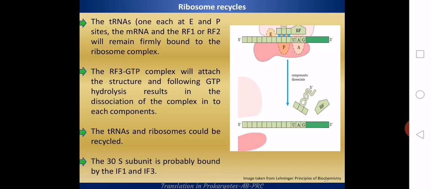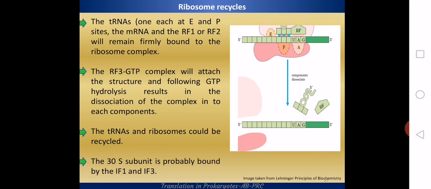And after that, there will be at least 2 tRNAs, one at the E site and one at the P site. The mRNA is there. The class 1 release factor also will be there in the complex. Now into this complex, the class 2 release factor will come.